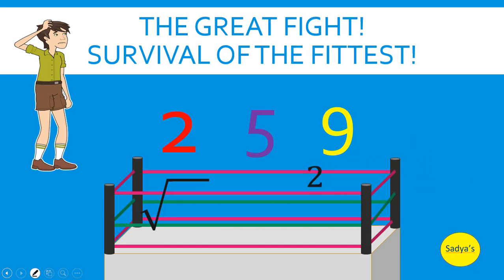And from the right, square has entered the boxing ring. So are square root and square sign going to fight for their survival? Who is more powerful? What do you think? Who is going to win this fight? Are you as excited as I am? Let's see who will win.